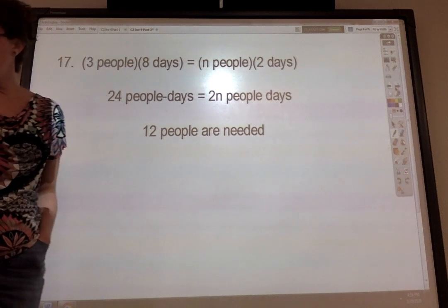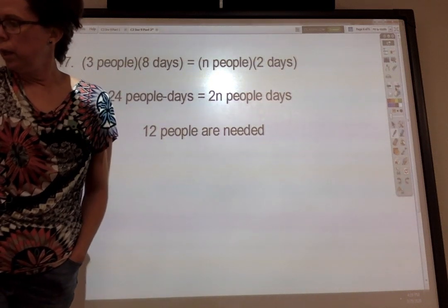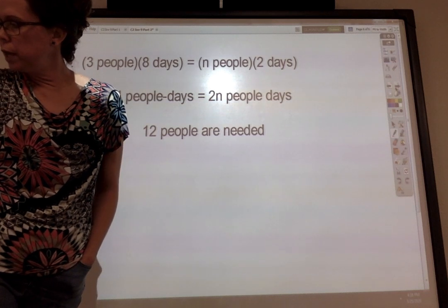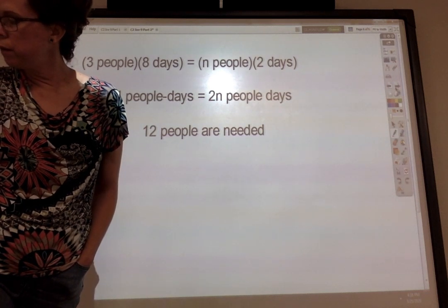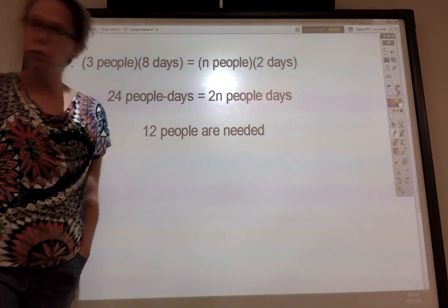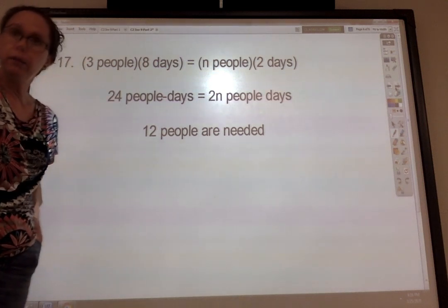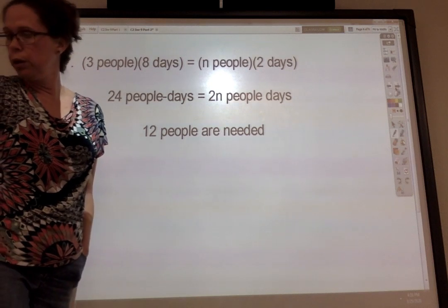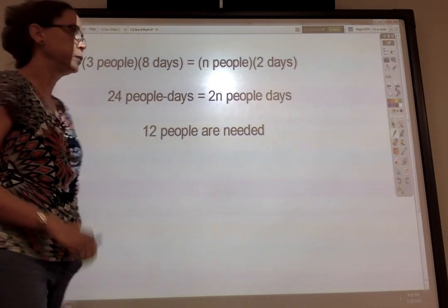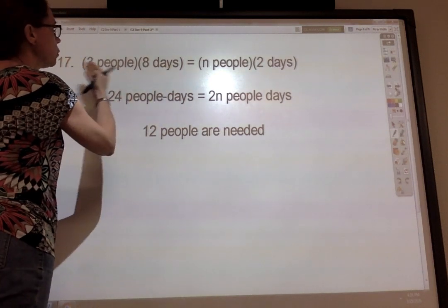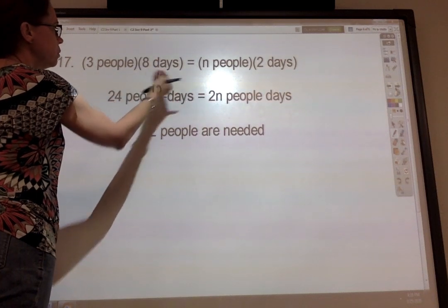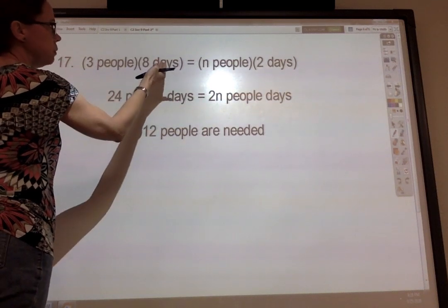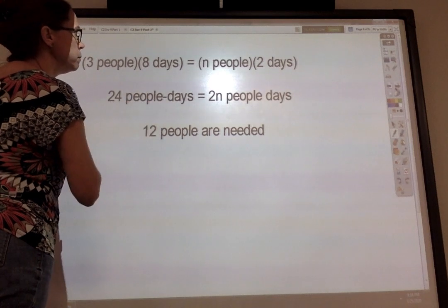So in number 17, they give us the following scenario. If 3 people can harvest the field in 8 days, how many people are needed to harvest the field in 2 days? Okay, so in this case, they are giving us the time and they want us to figure out how many people we need to work to be able to finish that job. So they gave us this equation, 3 people for 8 days. That gives me 24 people days.